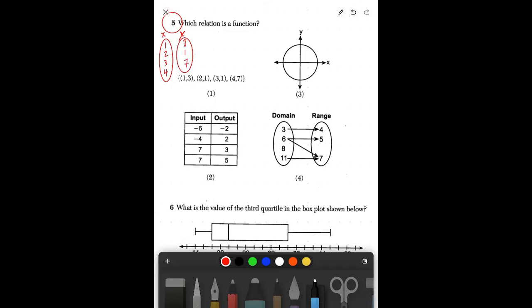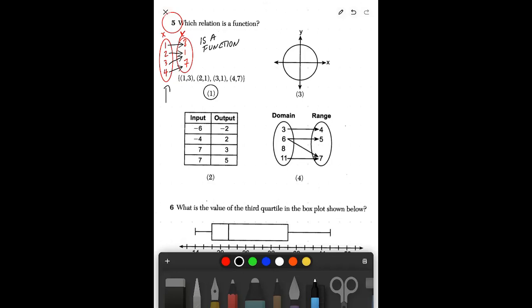So if I take arrows, this is going to be 1 to 3, and then 2 to 1, and then 3 to 1, and then 4 to 7. Now, this is a function because everything in the x only has one arrow coming out. So there's only one arrow, so that means this is a function. So the answer for this one is number 1.